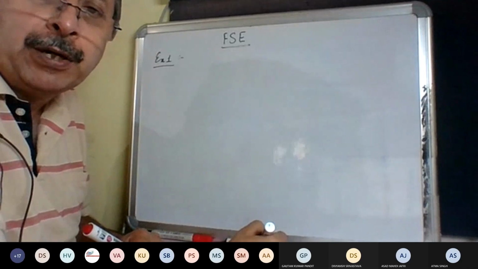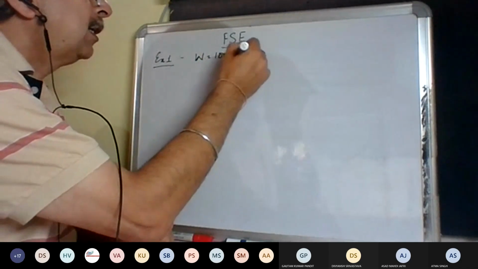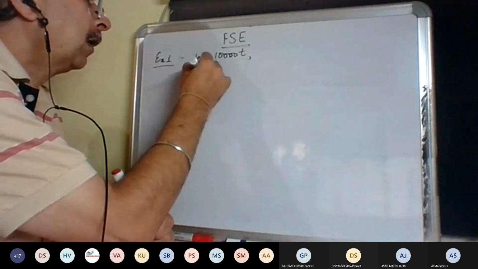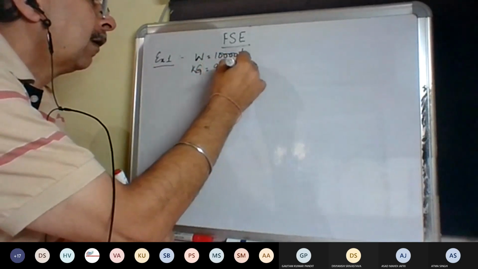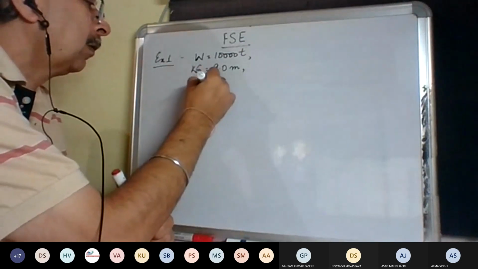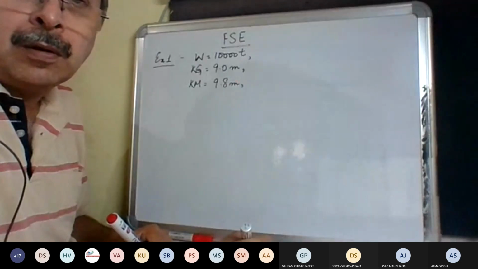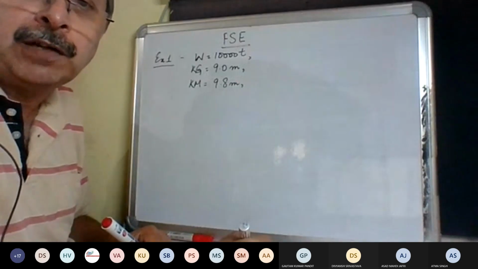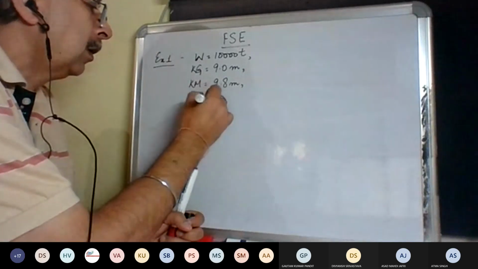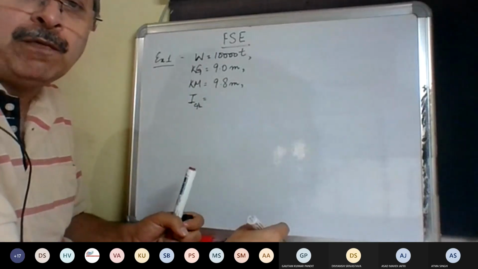You are given the following particulars of a vessel: displacement 10,000 tons, KG 9 meters, KM 9.8. I, the moment of inertia of the surface of the tank about its center line, is 1242.